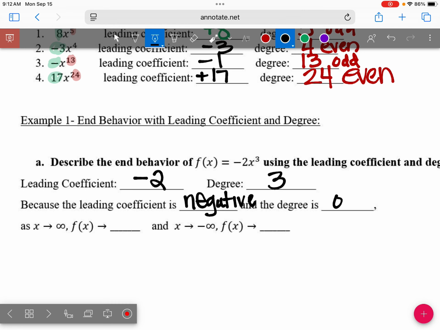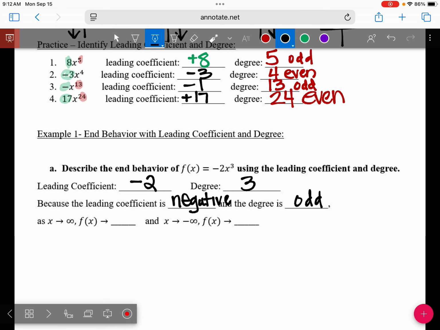Odd. That means that if I were to sketch my graph, it's a negative, so the right side is going to go down. This is the right. And what's going to happen on the left? It's odd, so does it do the opposite or does it do the same thing? Opposite. Odd is opposite, so it's going to go up.